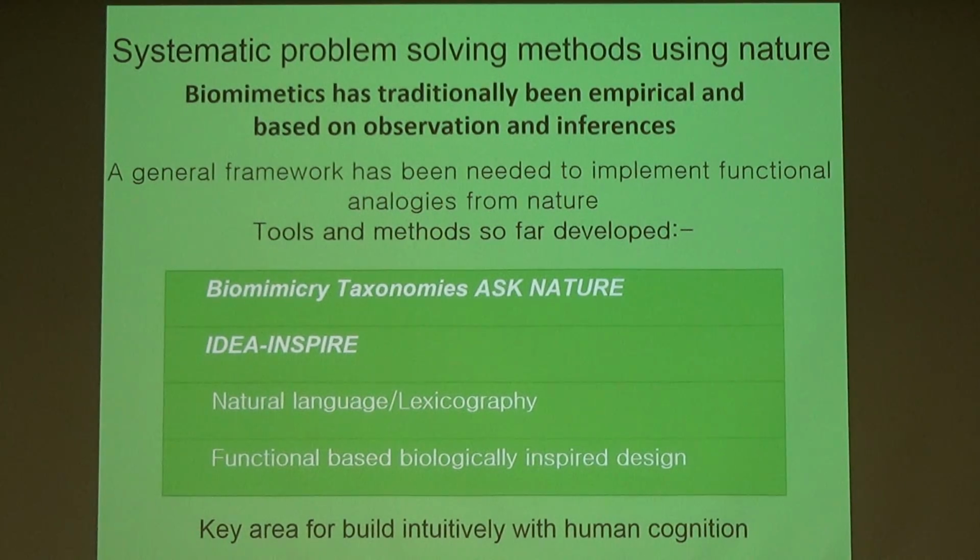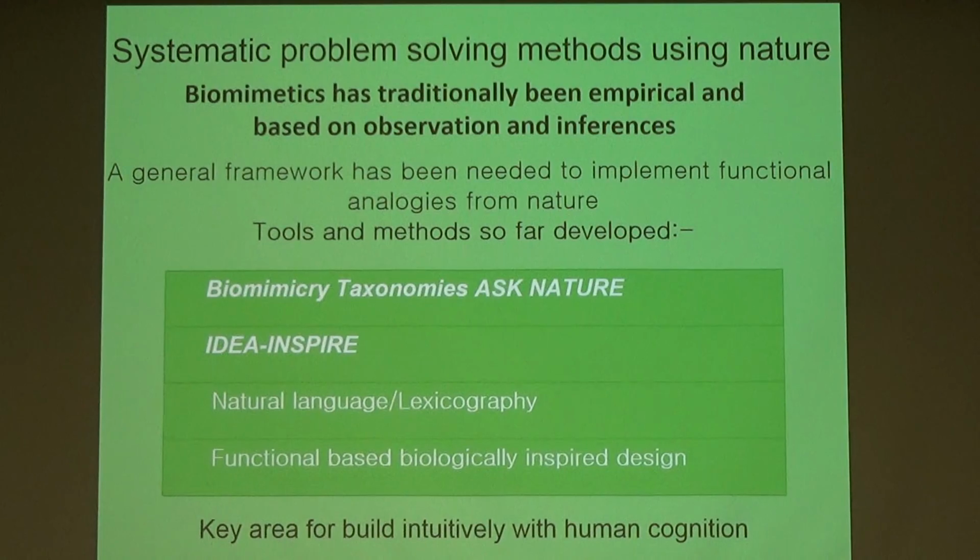So a lot of those examples I'm talking about is where biomimetics is empirical. So it's based on observations and then some kind of detailed study, scientific engineering studies, material studies, and looking at physics and chemistry. And so they're based on a lot of observations and some experimental testing, and then inferences are made about the design and function.